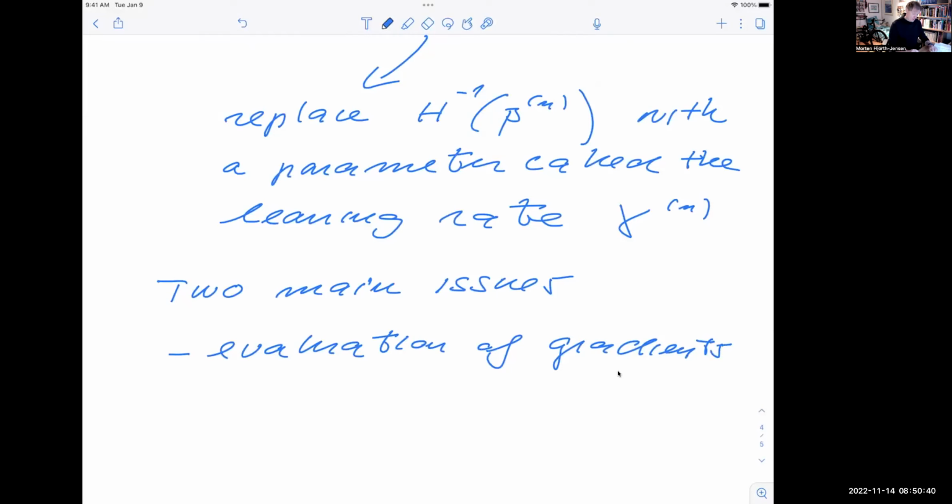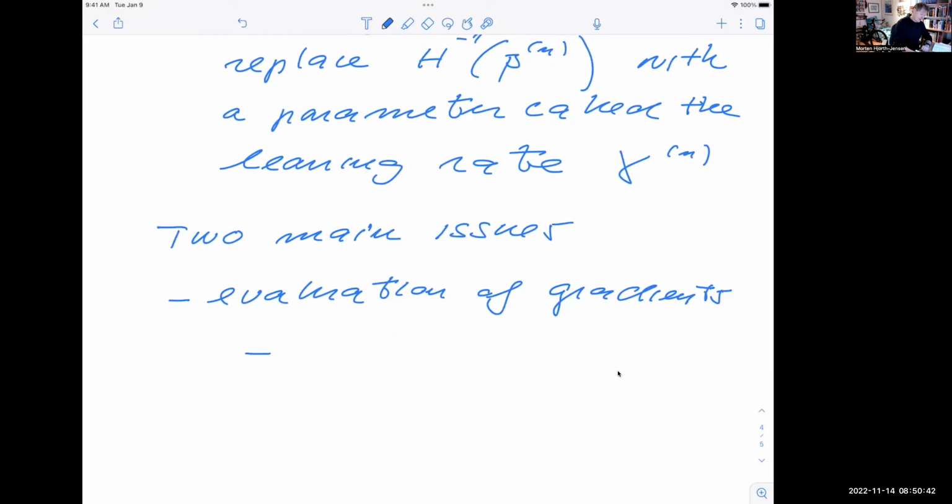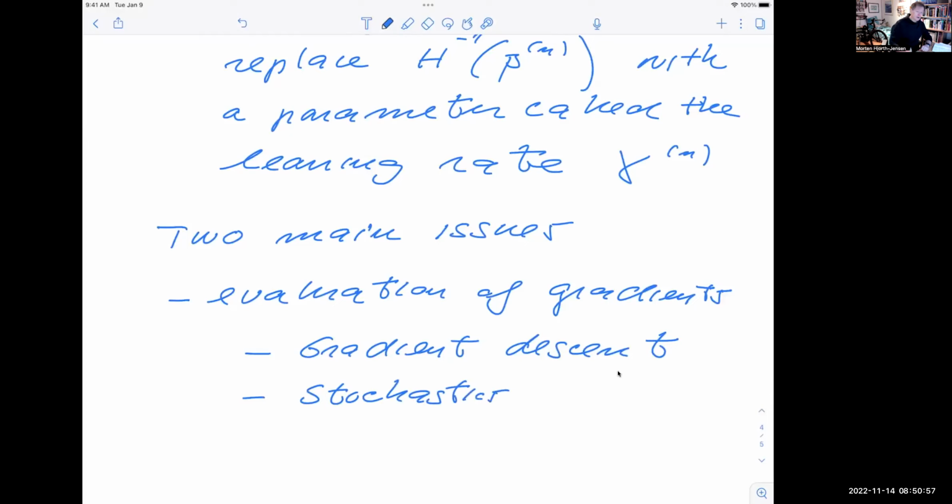And here, what we have are essentially two main methods. One is called the simplest gradient descent, which we're going to encounter quickly. Then we have something which is called stochastic gradient descent, where we actually perform smaller evaluations of the gradient for smaller batches of data. And we compute these smaller batches of data because they are cheaper to calculate.